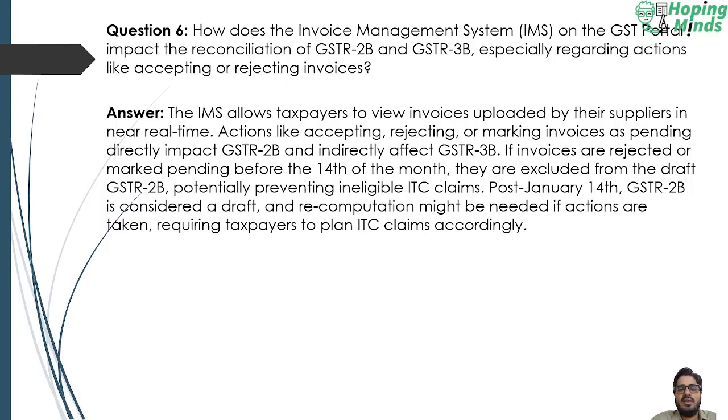Then pending, the recipient needs further verification or clarifications before taking any action. Pending invoices are carried forward to the subsequent period within IMS until a final action is taken on those invoices. So these are the options available with the recipient to either accept, reject or mark the invoices as pending.